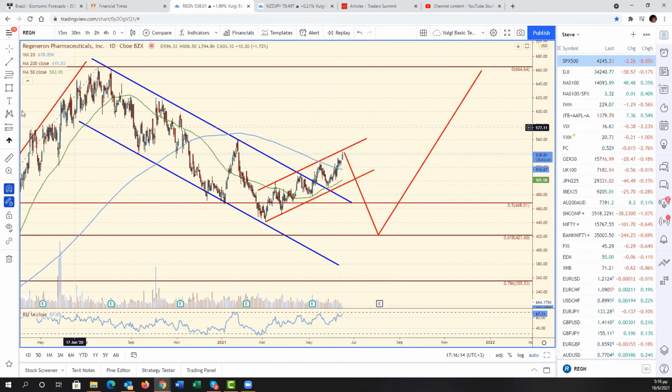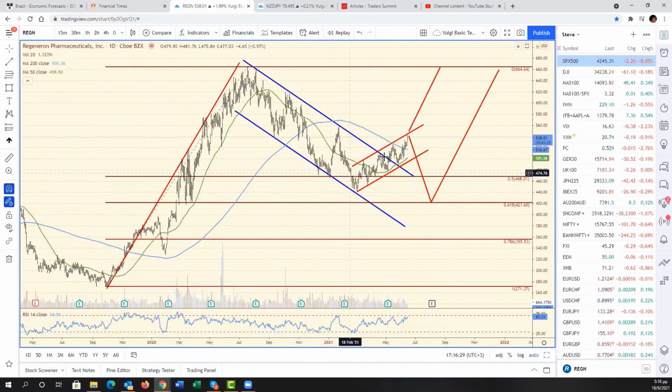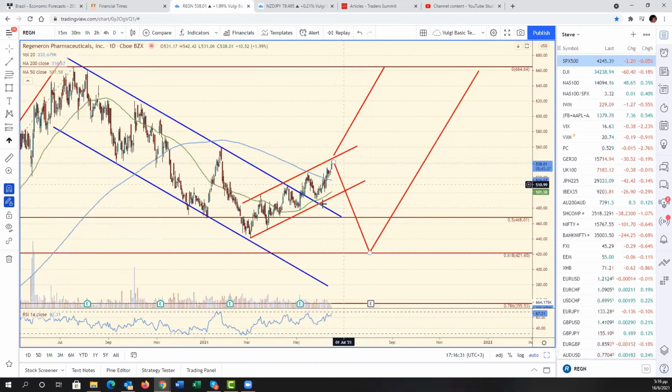Unless we see momentum picking up from here and we break this channel, in which case it was just a slow start to the new bullish leg. But as I said, I would be very, very careful here. I don't like the type of price action we're seeing at the moment for the beginning of another bull leg higher.